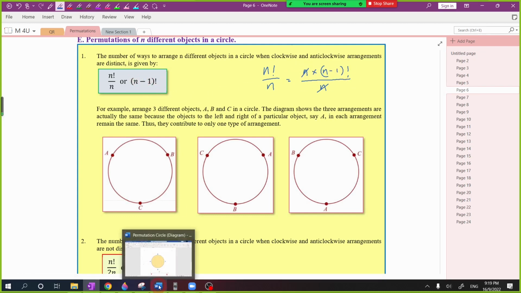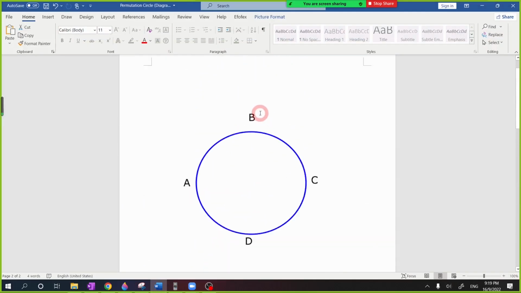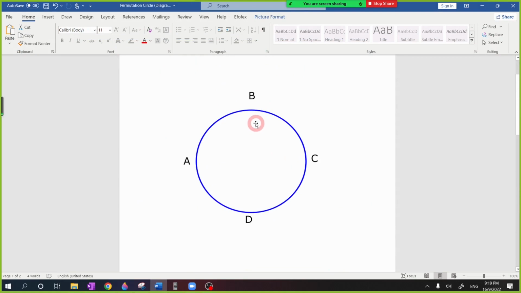Now let's look at this diagram. I have 4 letters here. How many ways can we arrange them in a circle? We cannot calculate it as 4 factorial, which is not correct.